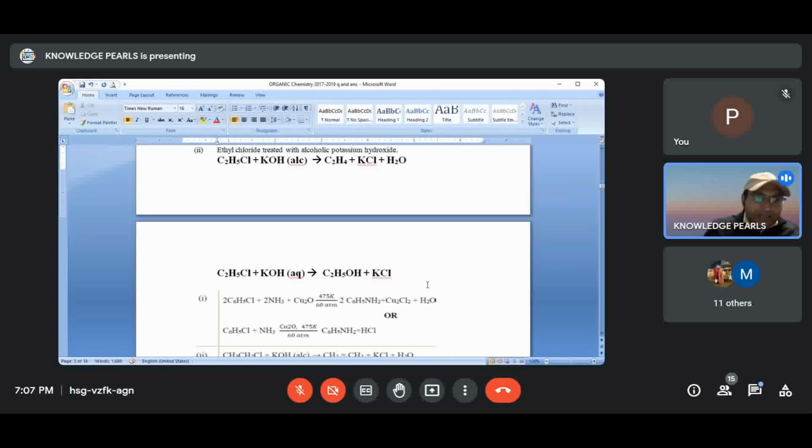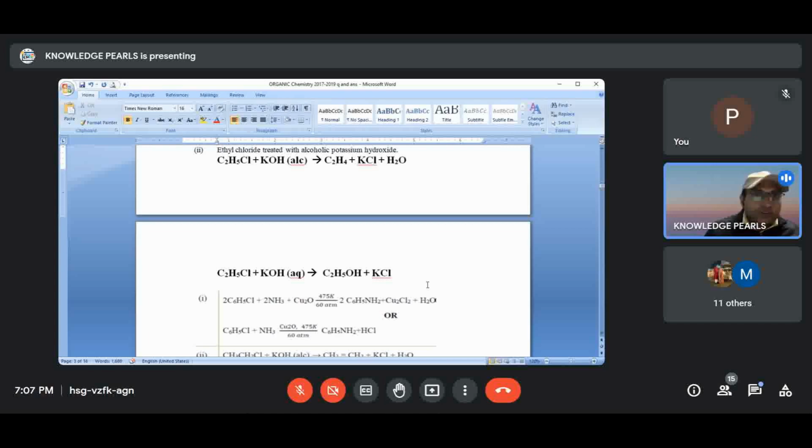Every weak acid has a strong conjugate base. So RO negative is a strong conjugate base, and a strong base abstracts the proton. Base will abstract the proton. Therefore, C2H5 was there, so 5 becomes 4. This is known as elimination, right?